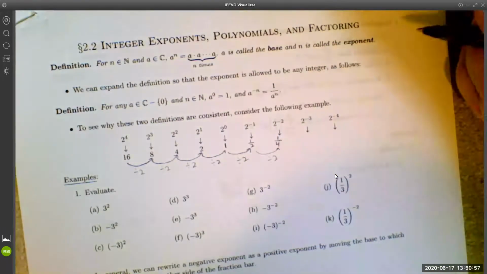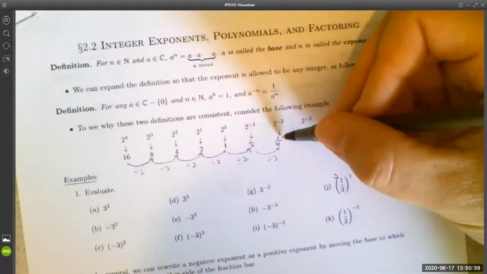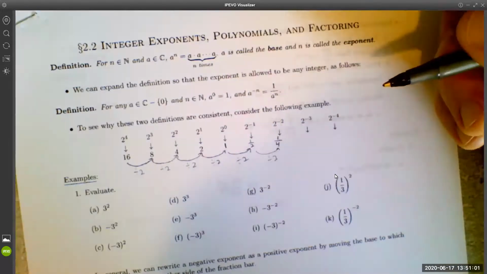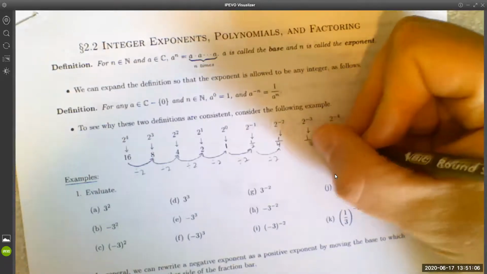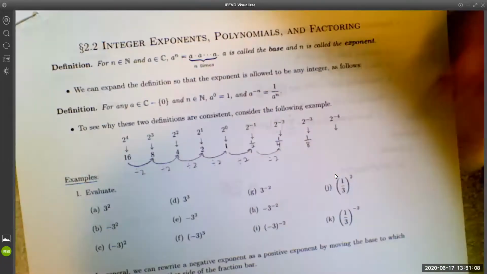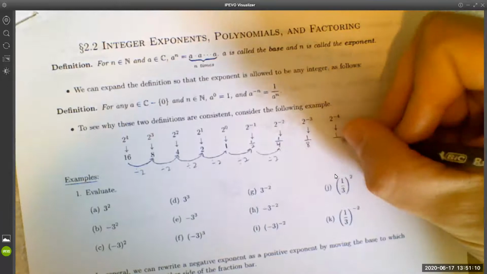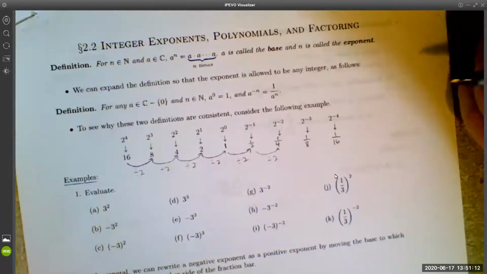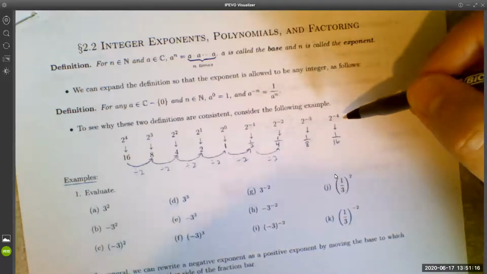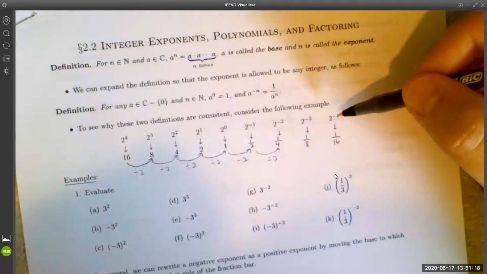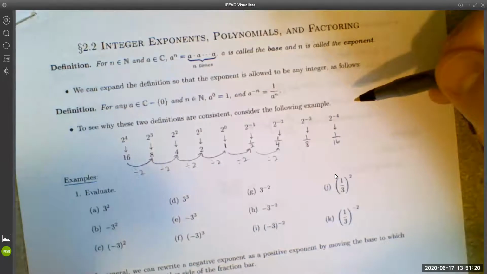And you'll notice that this is 1 over 2 squared. If you divide by 2 again, you're going to get 1/8, which is 1 over 2 cubed. And if you divide by 2 again, you're going to get 1/16, which is 1 over 2 to the 4th. So in general, it makes sense: 2 to the negative n is just 1 over 2 to the positive n.